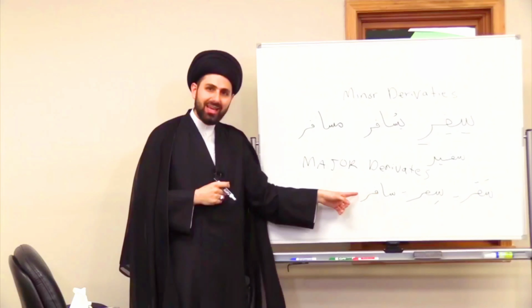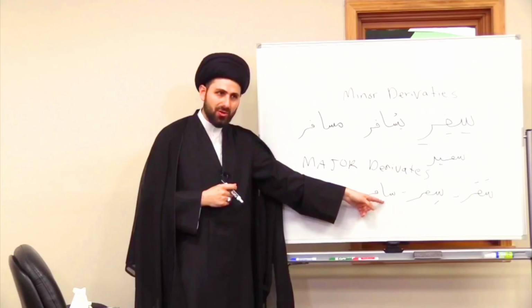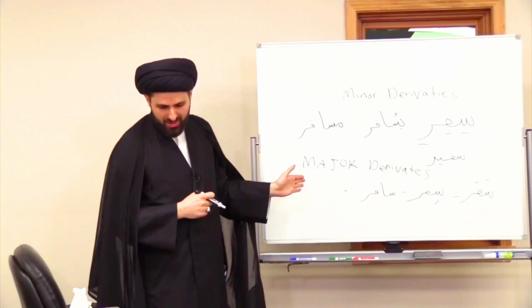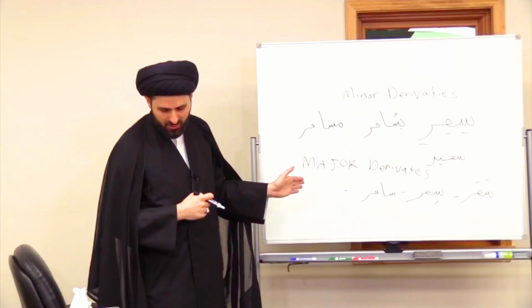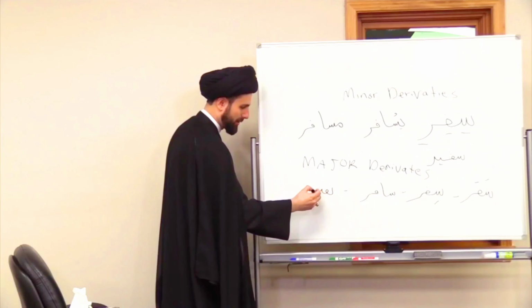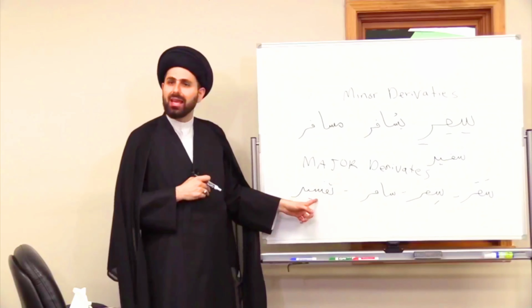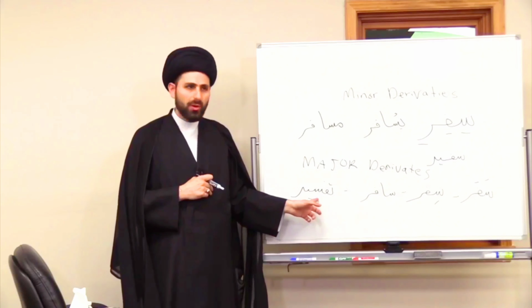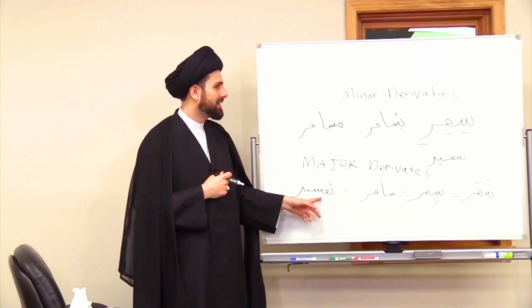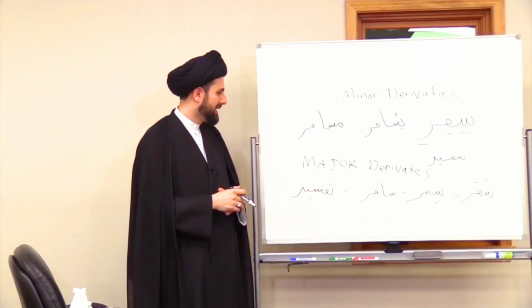You see, the same word is being used here. There's just an extra vowel. And there are many, many other examples that we can find in the major derivative. Another word, tafsir. You've all heard this word. Tafsir uses the same root word. You know what tafsir is, right? Tafsir of the Quran, tafsir of the hadith. The exegesis, the definition, the explanation.